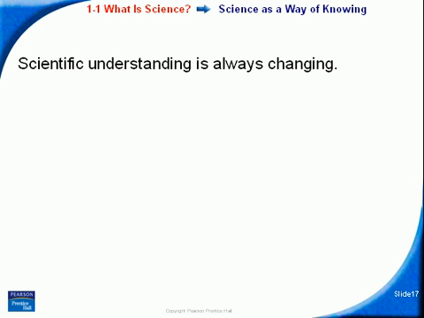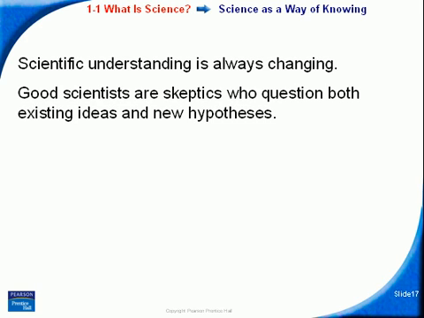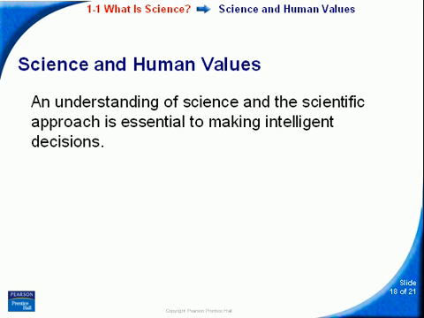That would be changing. And it says good scientists are skeptics, which doesn't mean you don't believe something. It means that you should test it and question it and really challenge the science behind it.